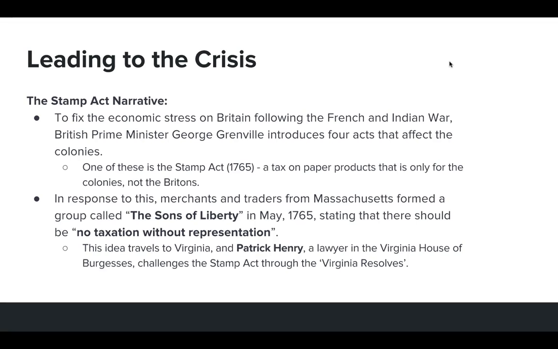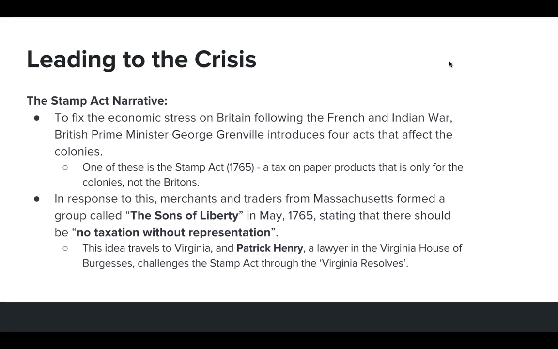All right, so the Stamp Act narrative, just to reiterate: to fix the economic stress on Britain following the French and Indian War, British Prime Minister George Grenville was commissioned by King George III to fix the economic crisis. George Grenville came up with four acts, one of them called the Stamp Act, a tax on paper products that is only for the colonies and not the Britons.